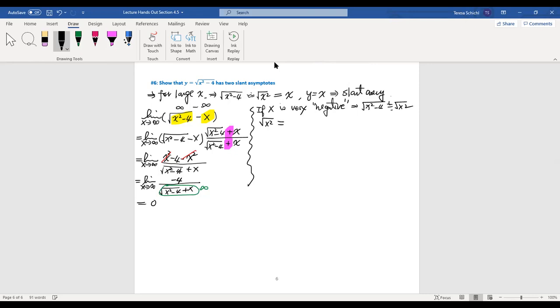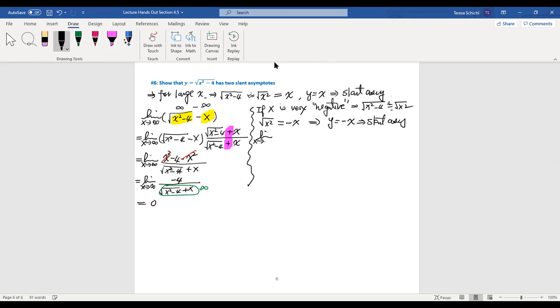Because x is very large and negative, the square root of x squared will be the negative x. So y equals negative x could be another slant asymptote. Let's try to prove it.